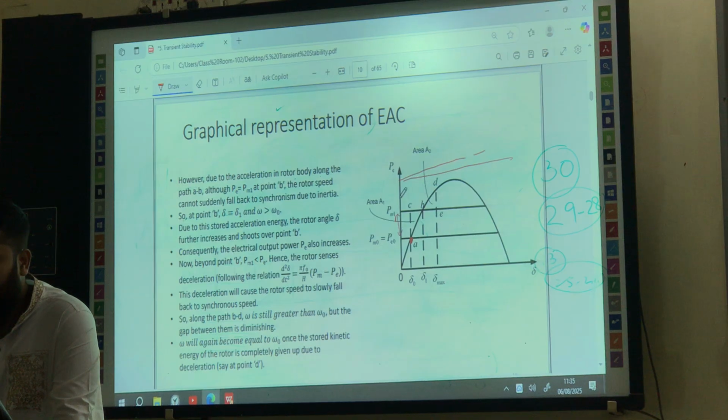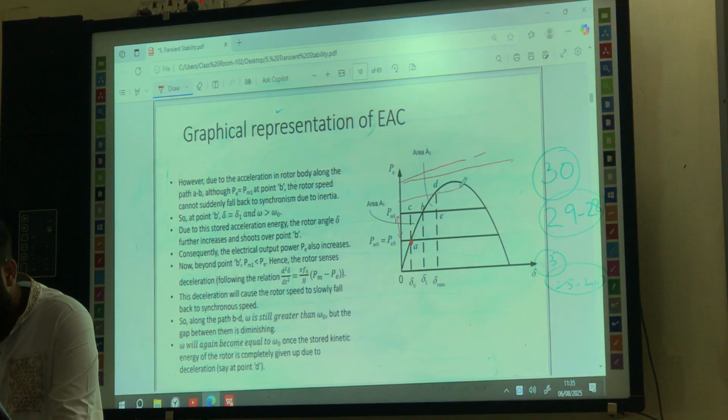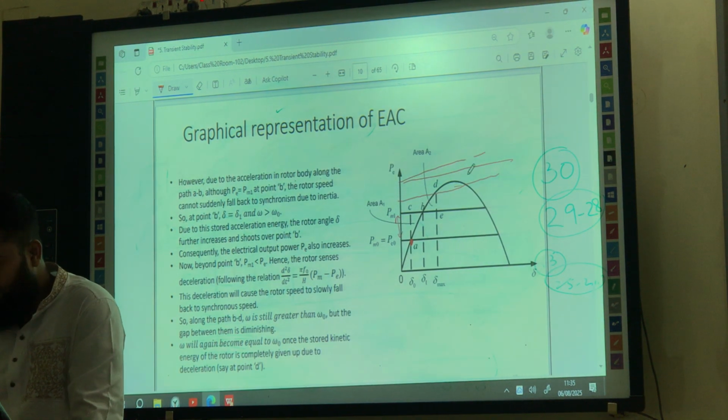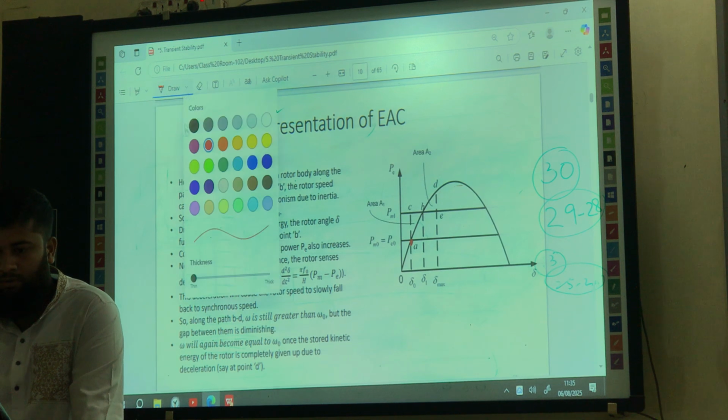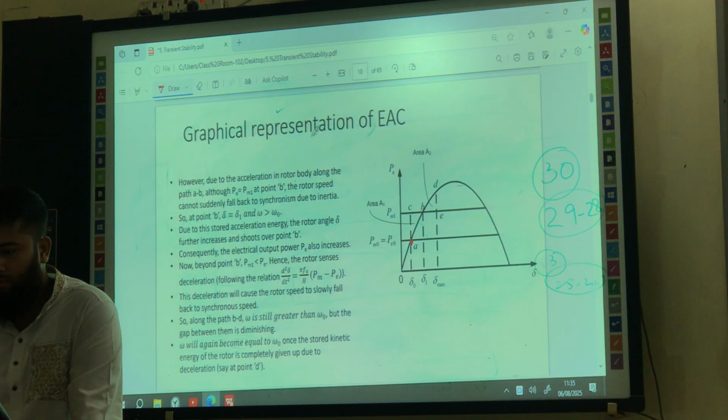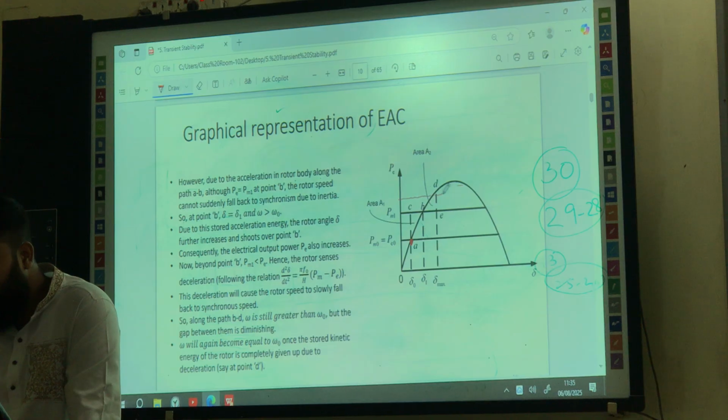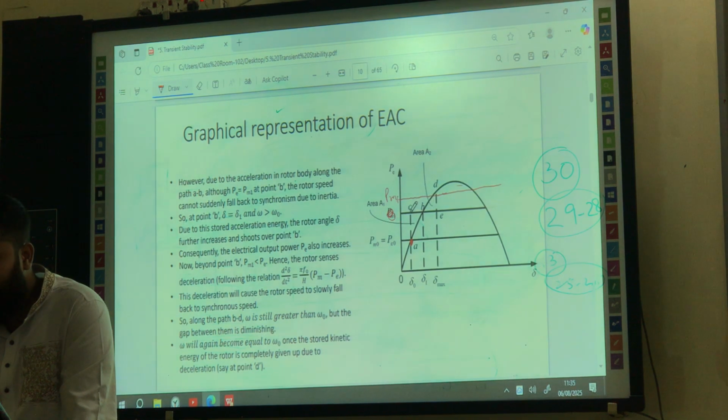Or let's say you have taken PM1 like this. If this is your PM1, now forget about this PM1, your PM1 is this. So from this you have taken the new PM1 here. So it will come from here.